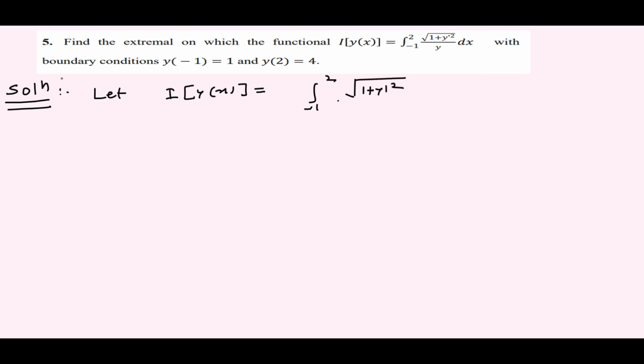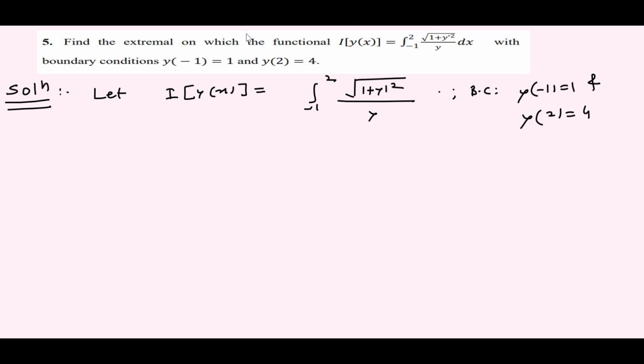So now in the problem 5, so let us consider the given functional I of y of x is equal to the integral from negative 1 to 2 of square root of 1 plus y dash whole square over y, with boundary conditions, that is y of negative 1 is equal to 1 and y of 2 is equal to 4.